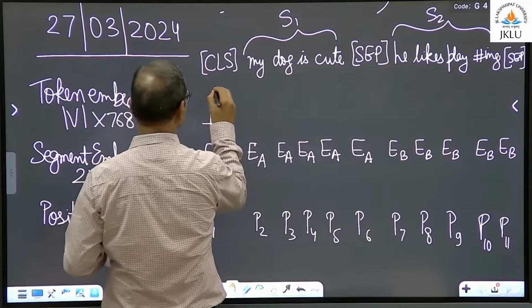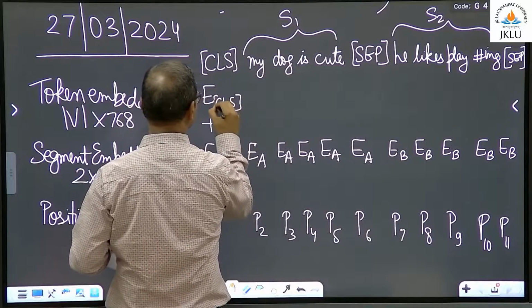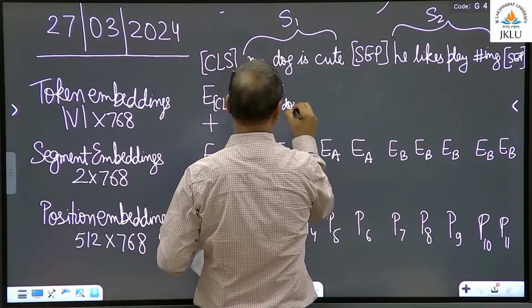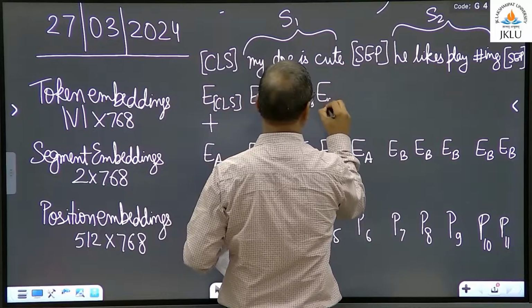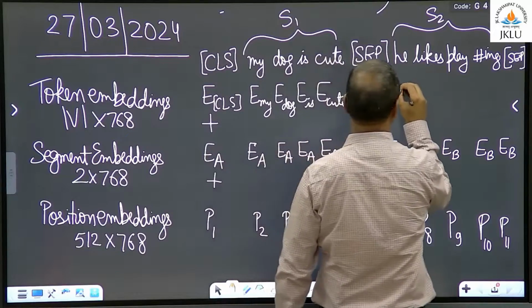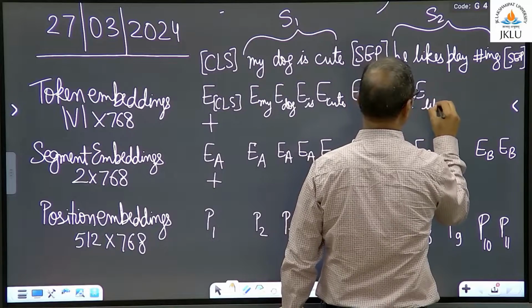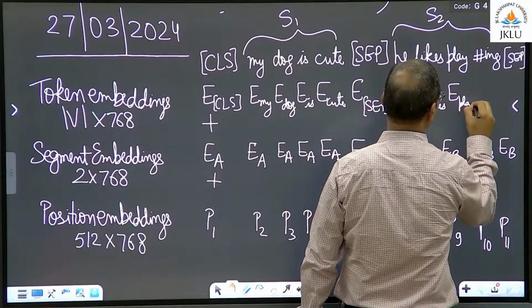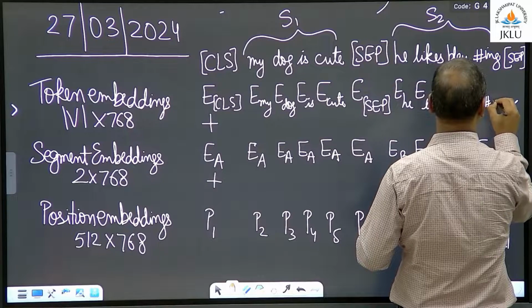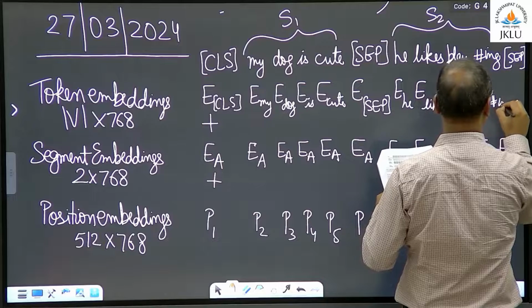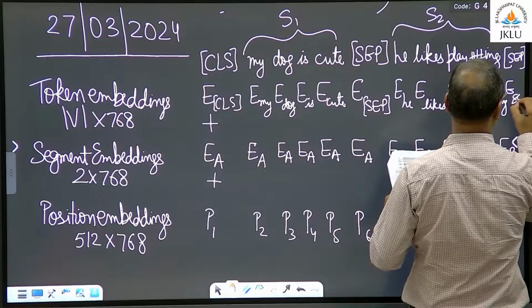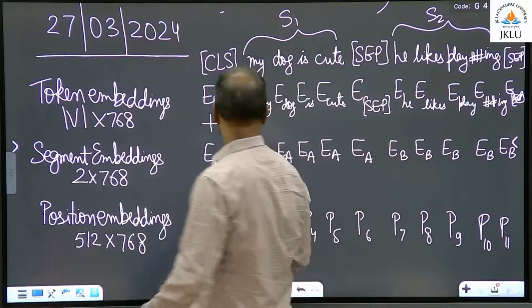Now, this is my E, CLS, this is E, my, this is E, dog, and you add all of these.